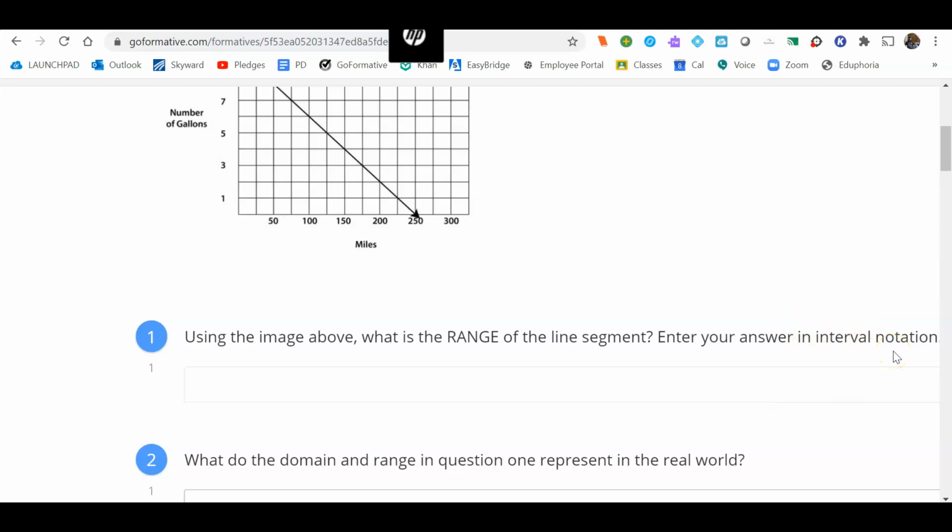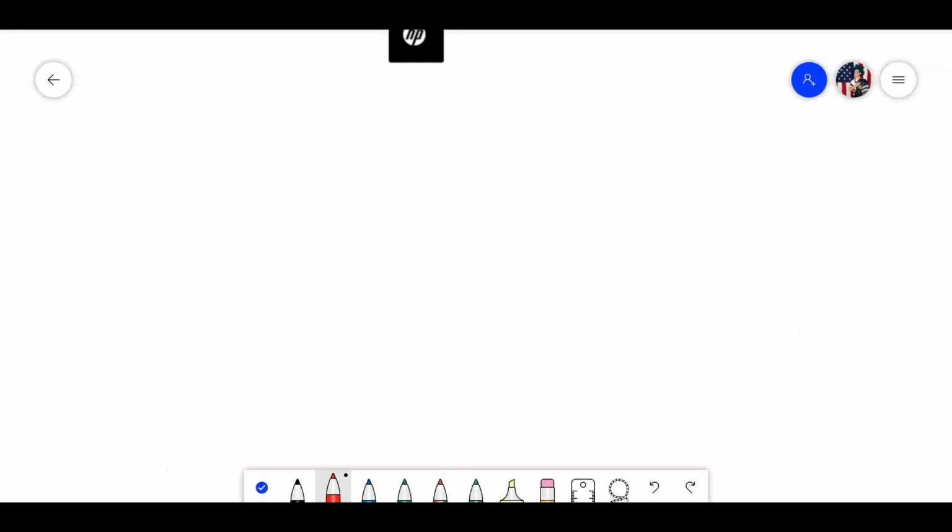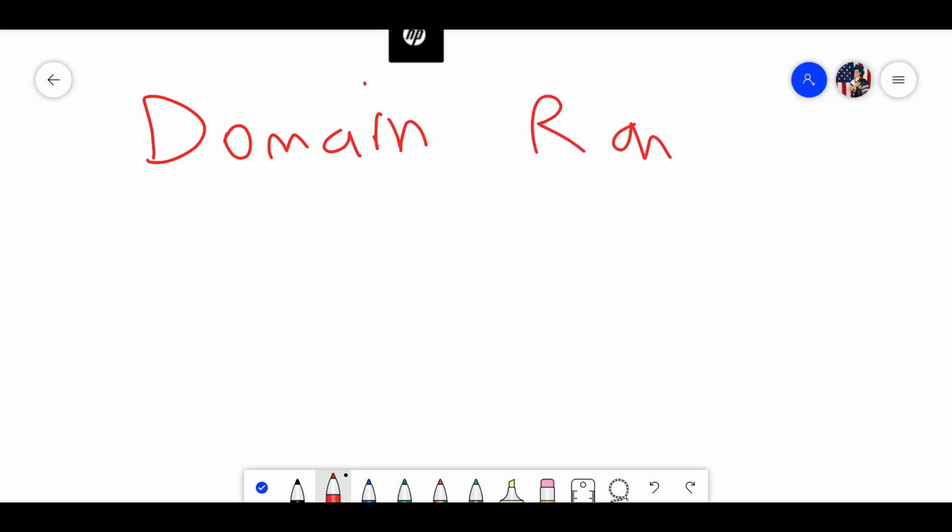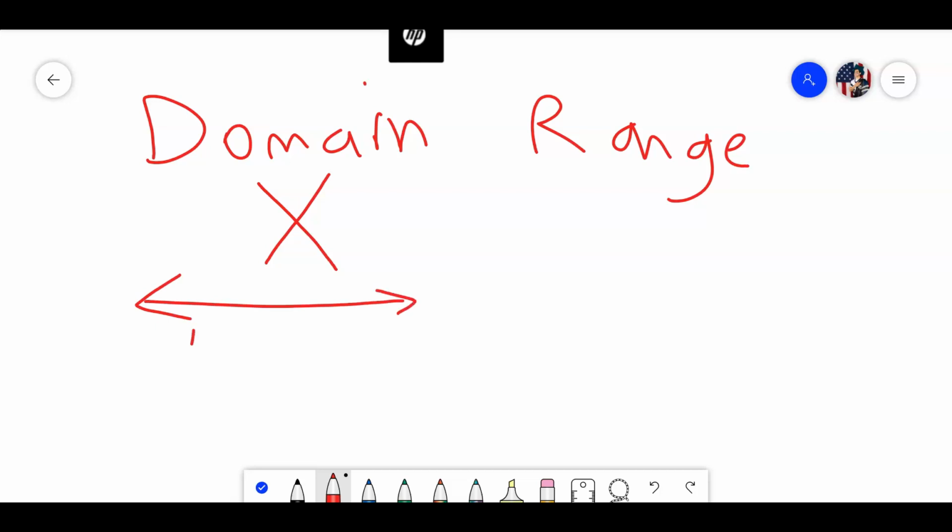Now let's take a quick review over domain and range. Domain is always the x-axis. Now, which way is x? X runs left to right horizontally. That's very good.